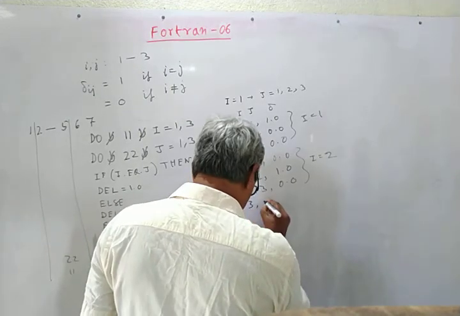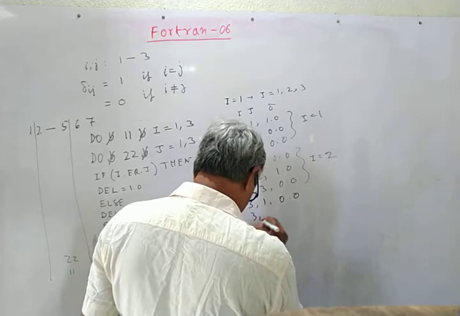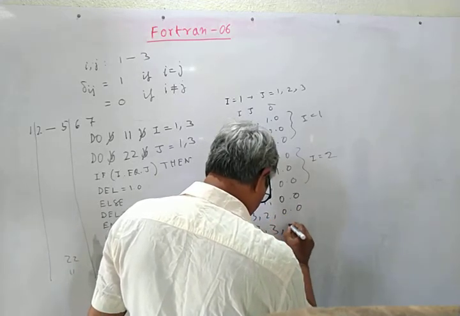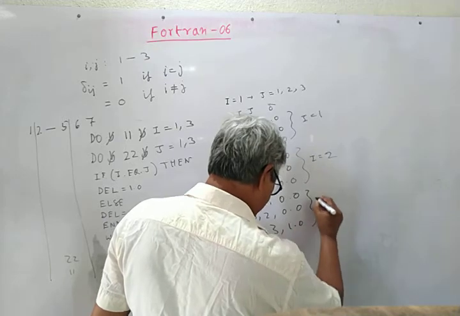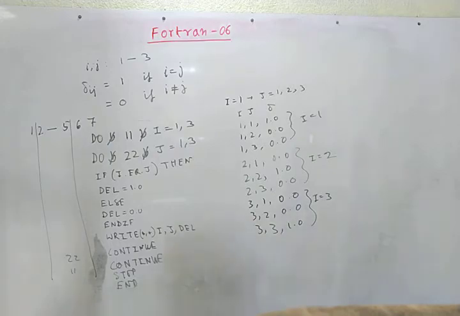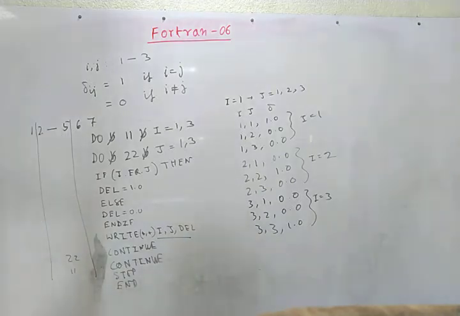This is 3, 1, 0.0, 3, 2, 0.0, 3, 3, 1.0. This is for i is equal to 3. So this is how the loop works. I have written this write statement explicitly over here. This is a simple program which has been used to define the delta function, the Kronecker delta.